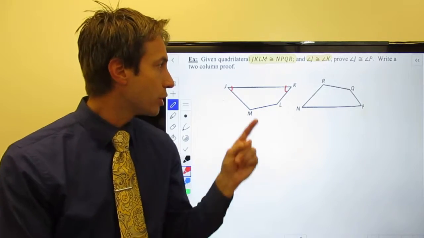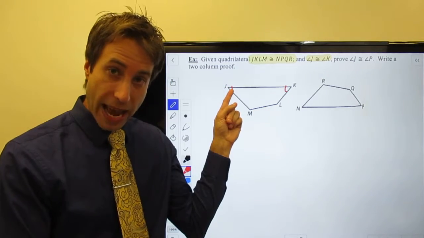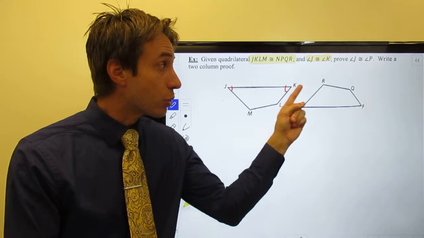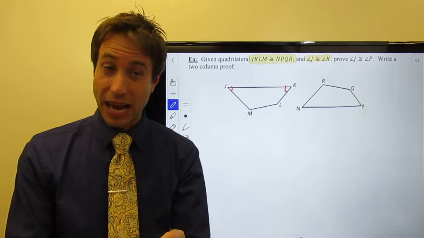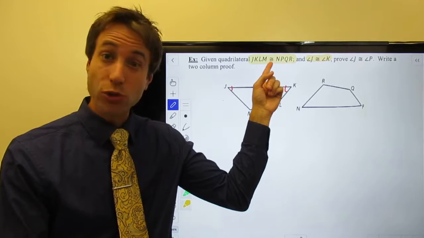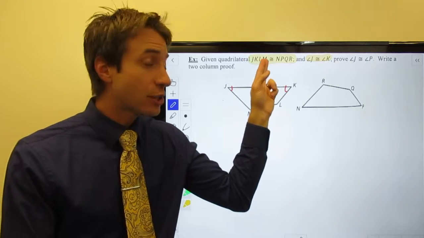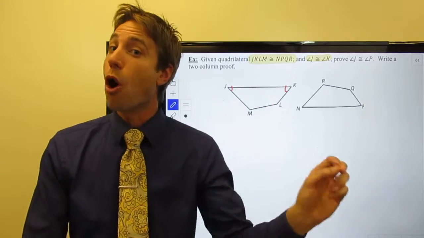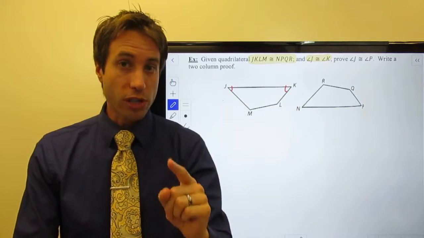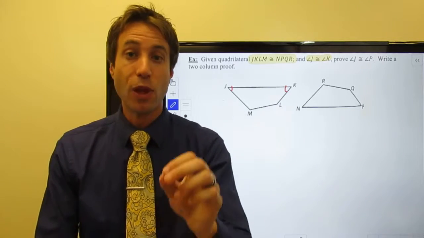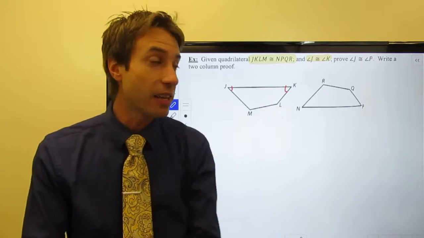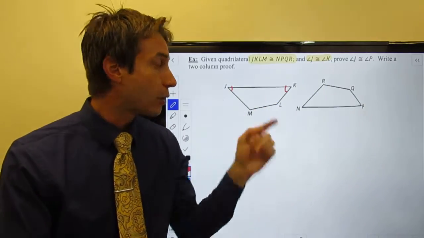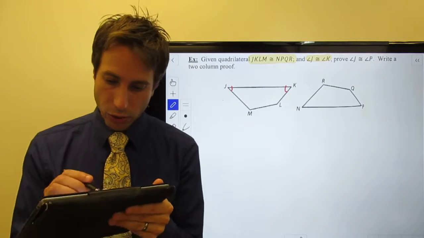I don't have to tell you that one angle in a quadrilateral is congruent to another angle in a different one. I told you the quadrilaterals are congruent.